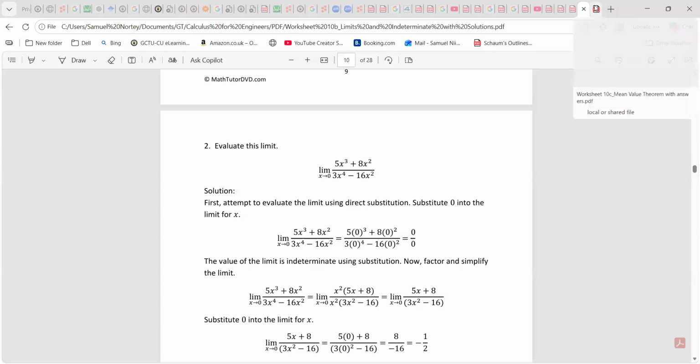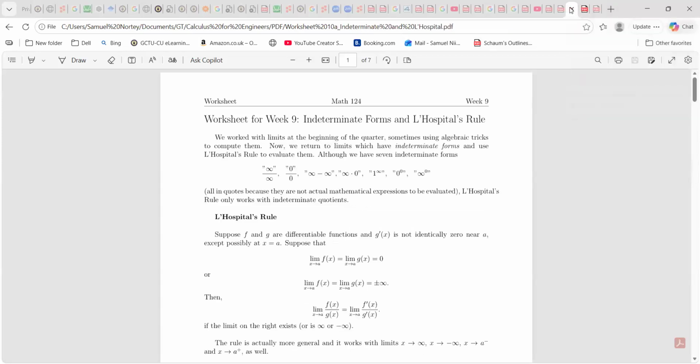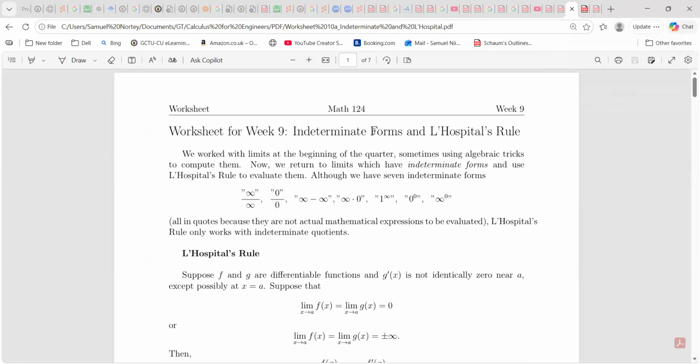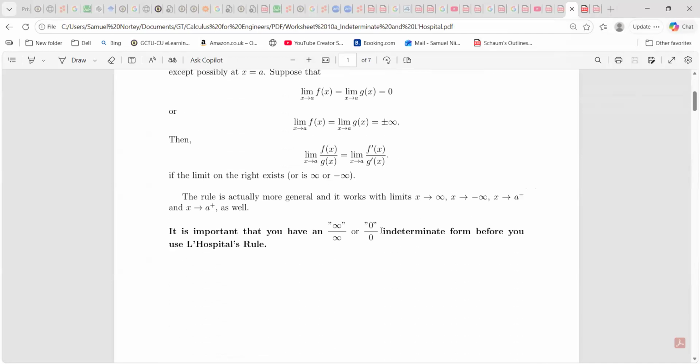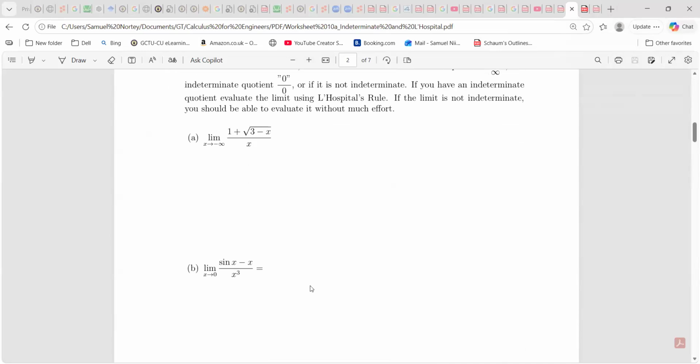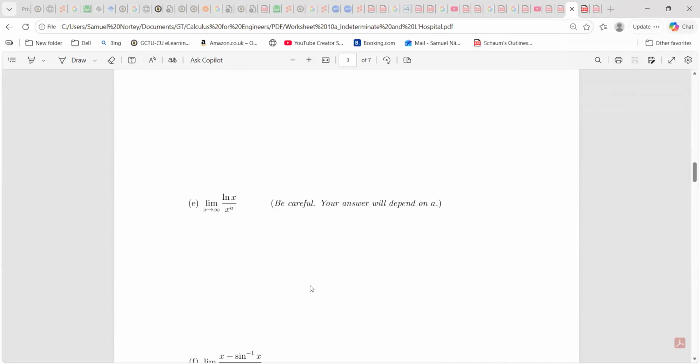Now, the second one tells you the various techniques we saw, and when do we use direct evaluation for indeterminate forms, and when do we use L'Hopital's rule. Okay, so for this one, the solutions are not there, but if you want them, I can generate them for you. So you have problems like this. We've seen examples like this today.